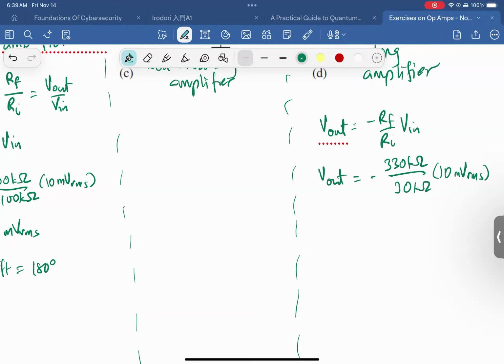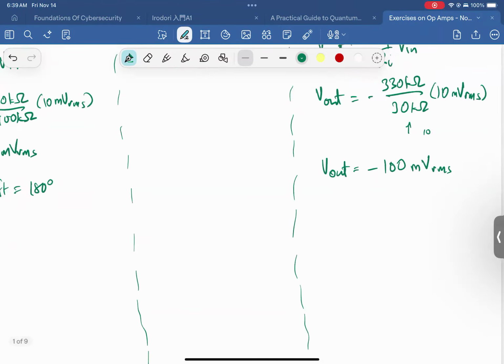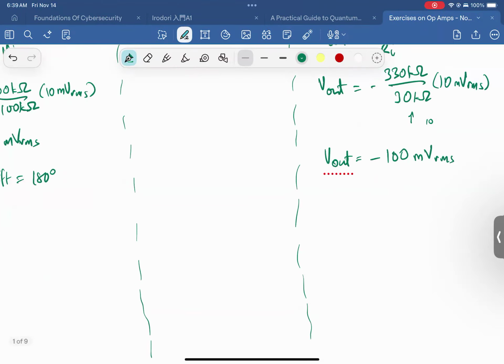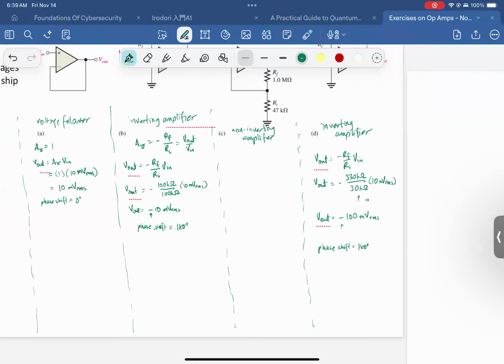So that's your V out. Okay, so ang gain dito is 10. Diba? So ang V out natin ngayon will be negative 100 millivolts RMS. So nag-increase yung voltage by 10. And then as indicated by the negative sign, yung phase shift natin is 180 degrees.